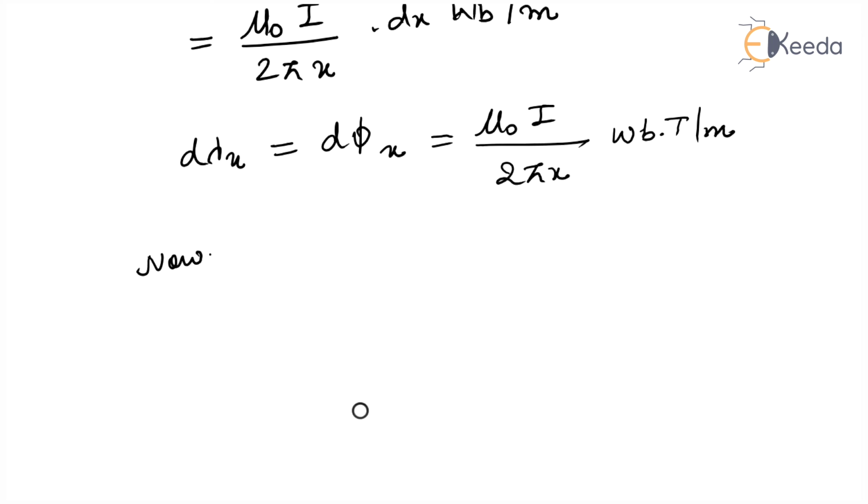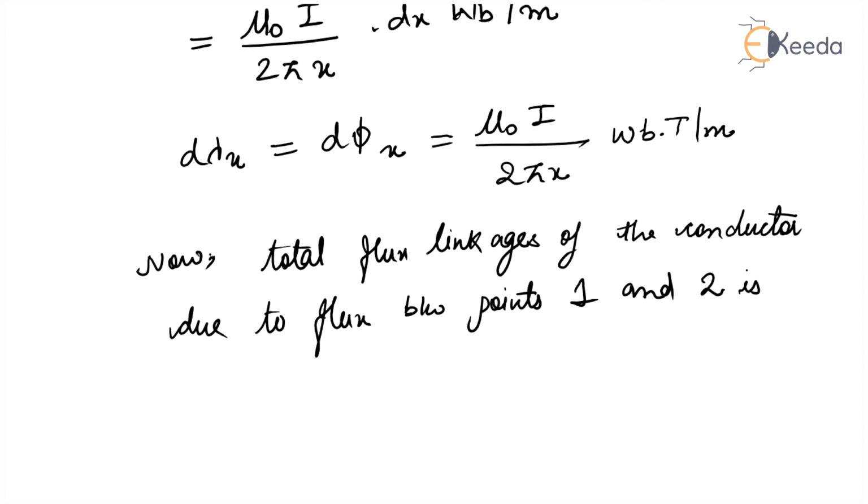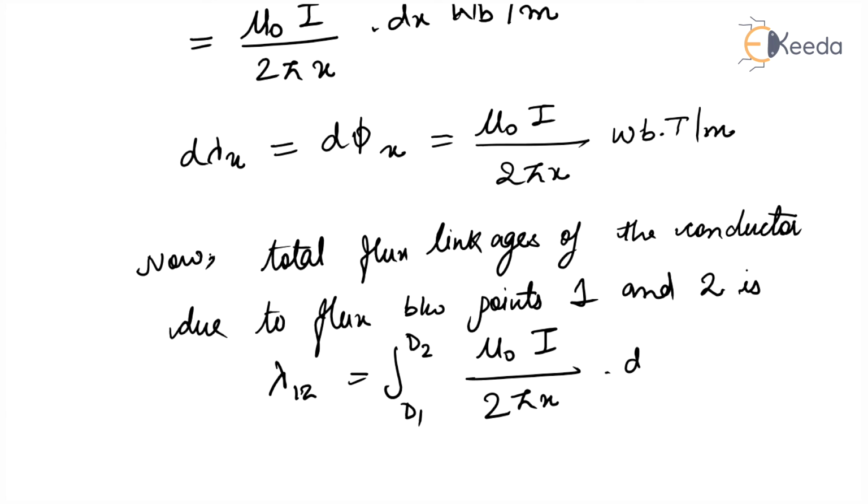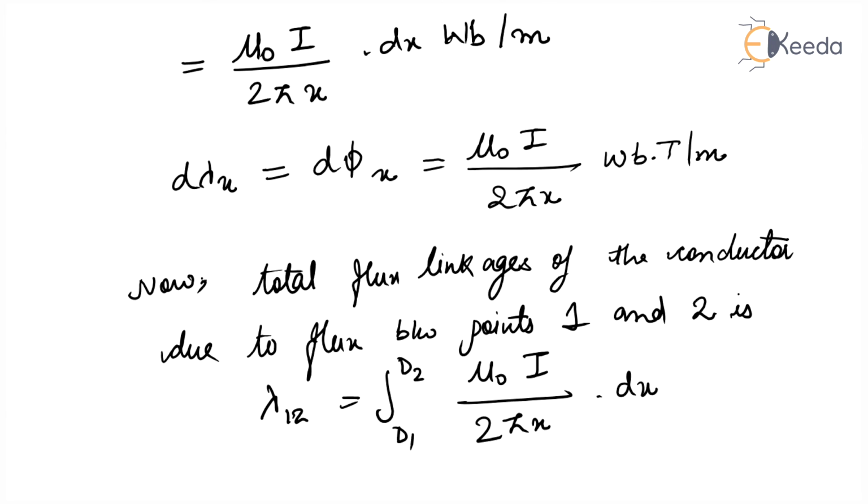Now the total flux linkage of the conductor, this lambda 1 2, is equal to the integral from D1 to D2 of mu naught I upon 2 pi x into dx.